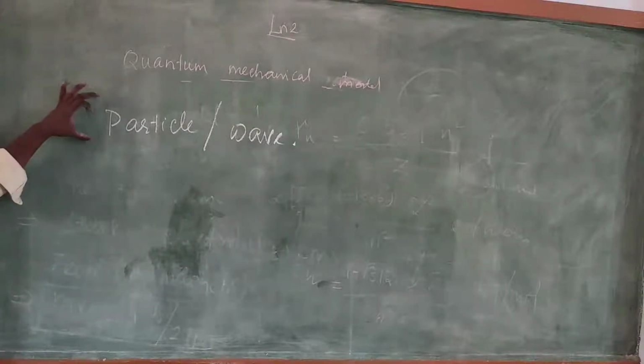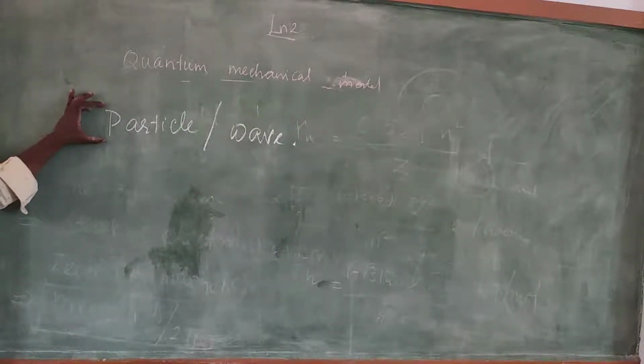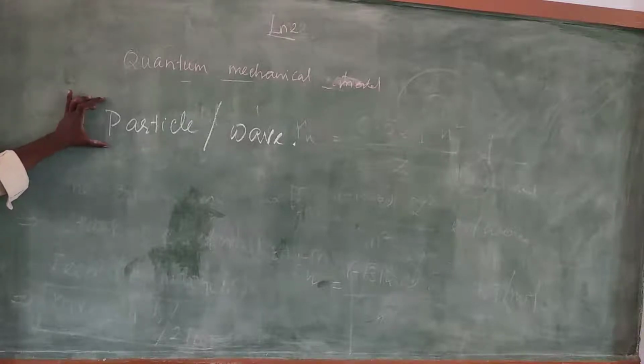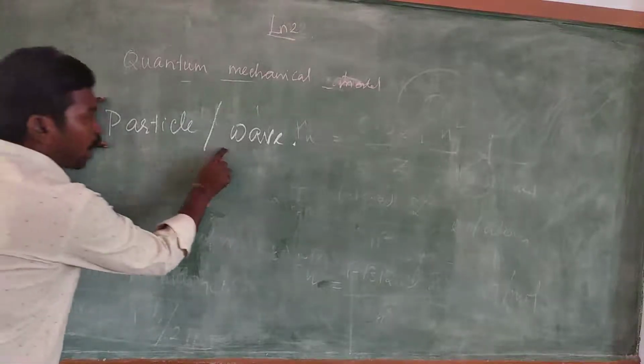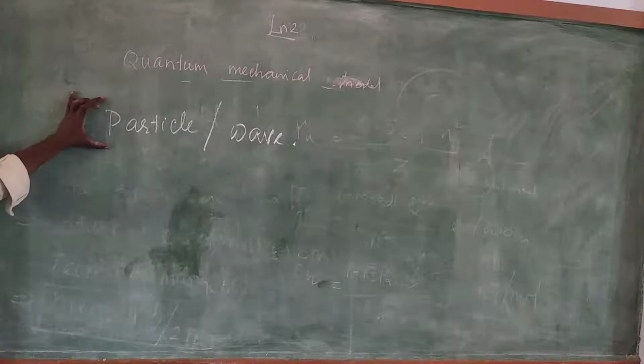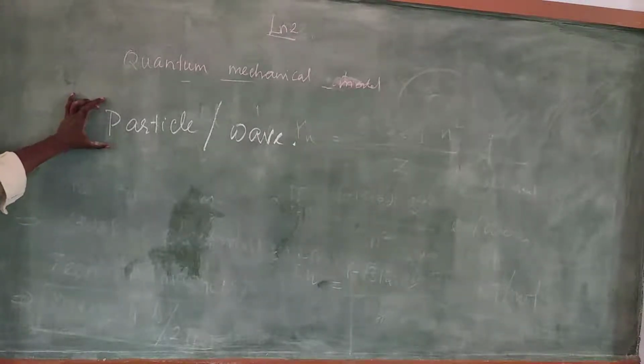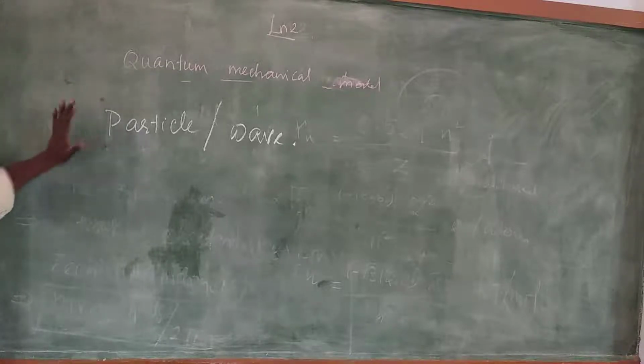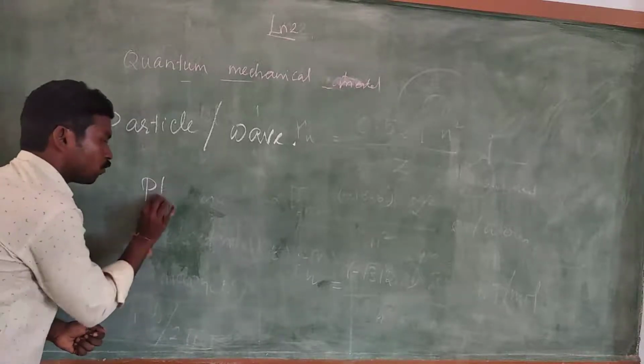Okay? So light is said to possess dual character. Those dual characters are particle character and wave character. So this is the idea possessed by Einstein. Light particles are also called photons.